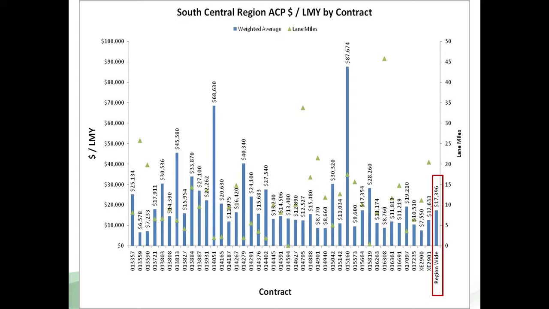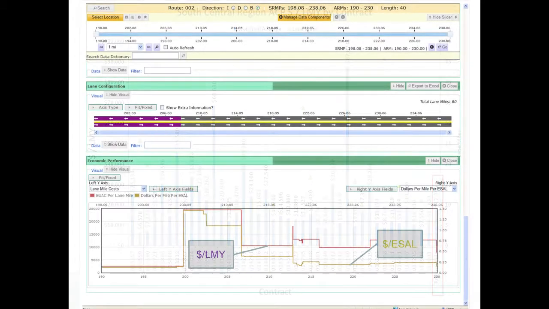And then those contracts which are very expensive, we should try to figure out what we did wrong and try not to repeat those. So this is a real valuable tool using that cost effectiveness information.